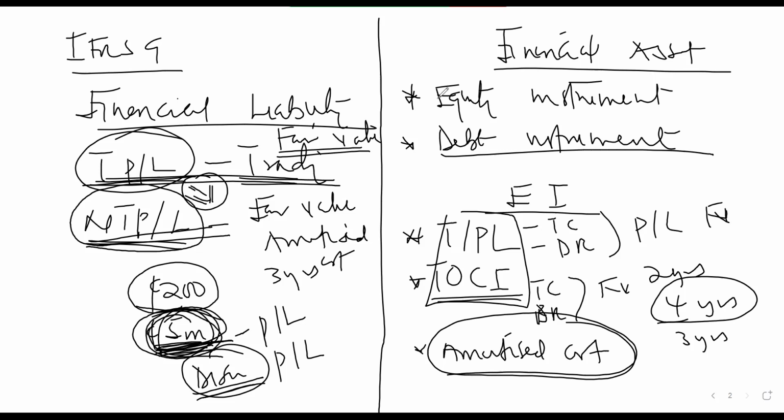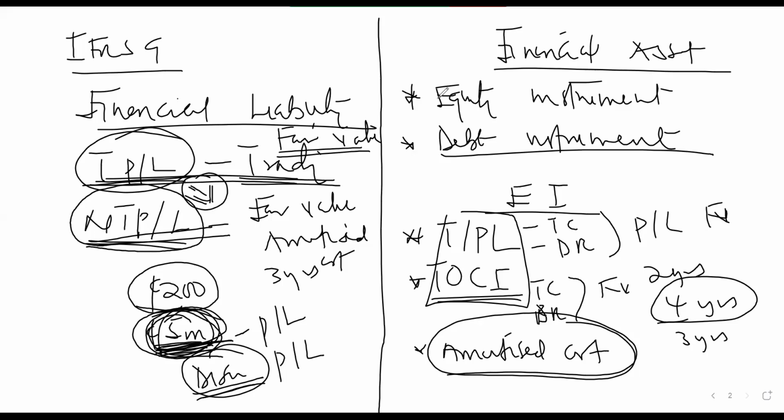So the question will tell you that the company is willing to hold this particular instrument up to maturity, and they will collect the cash flows up to that period. They will not sell it within any period. That is the amortized cost.